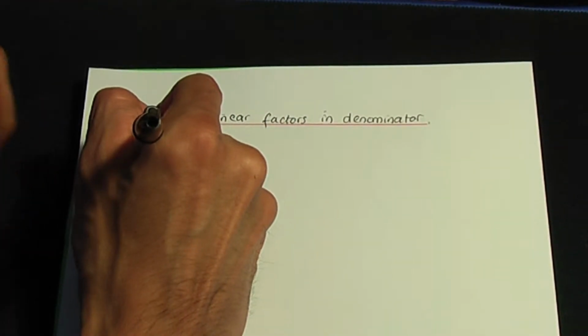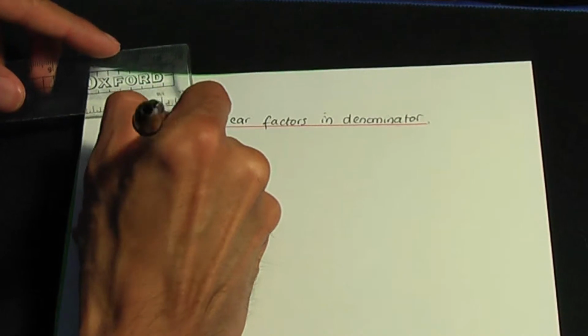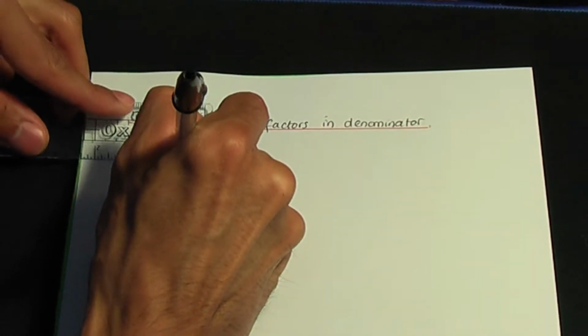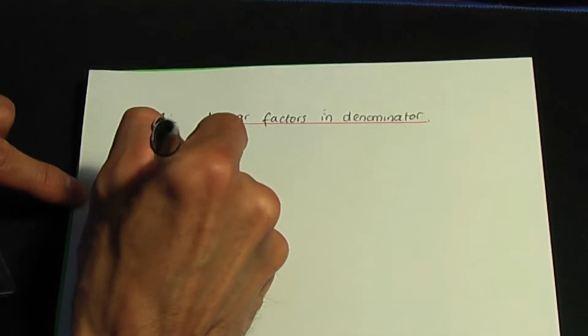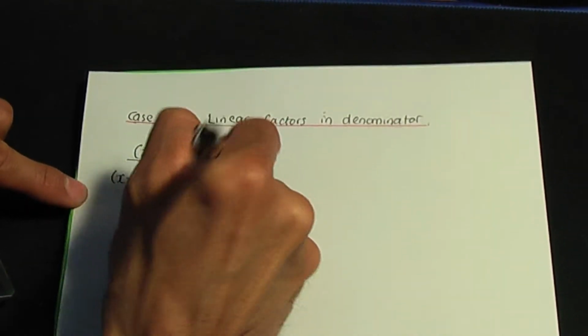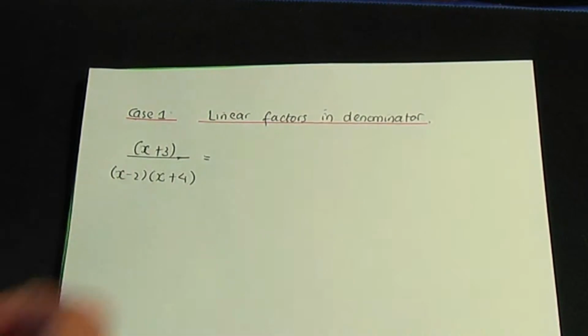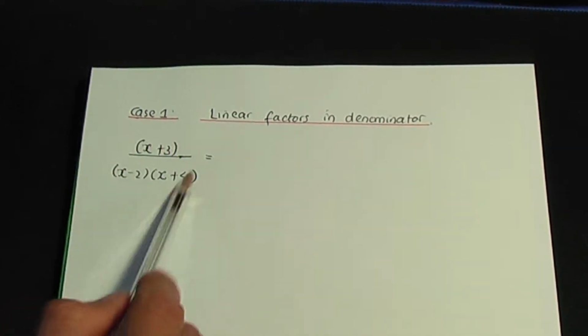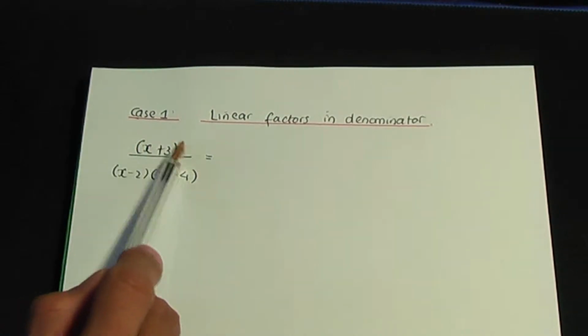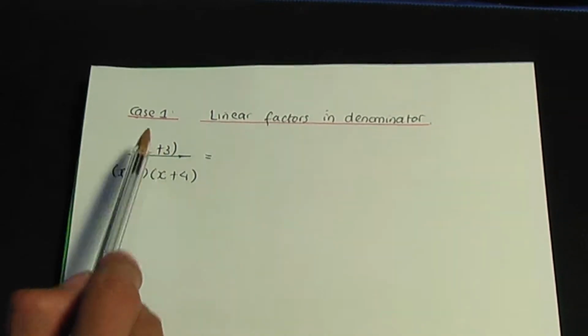So if I have a fraction of the form x plus 3 over x minus 2 into x plus 4. This fraction that we have is a proper fraction because the highest power of x in the numerator is 1.